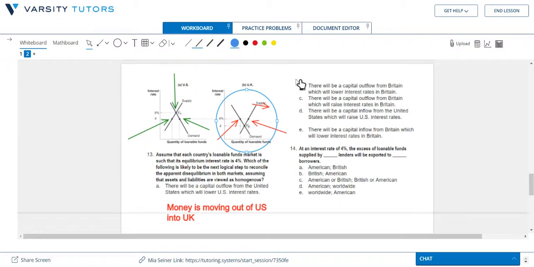Will be exported, will be supplied by British lenders and exported to the worldwide market. Americans will certainly be taking advantage of it, but it's very likely other people will as well. So, boom.